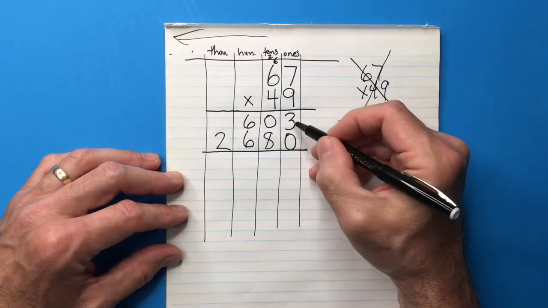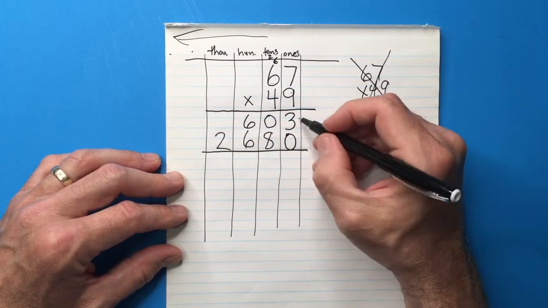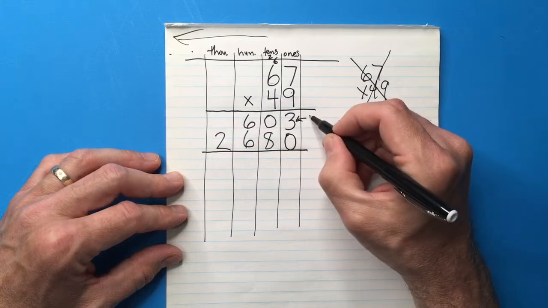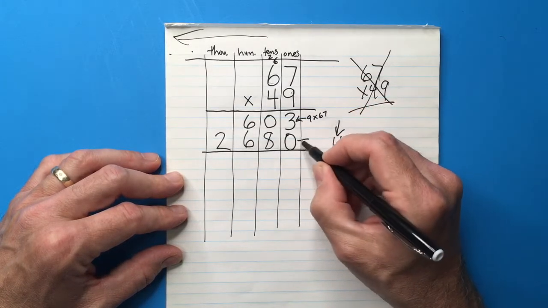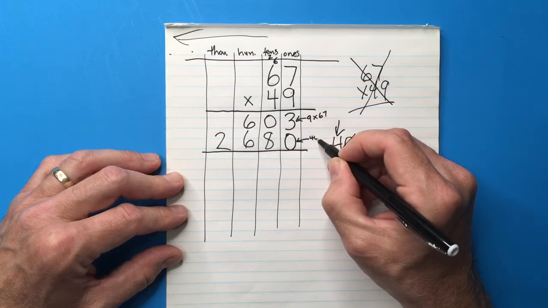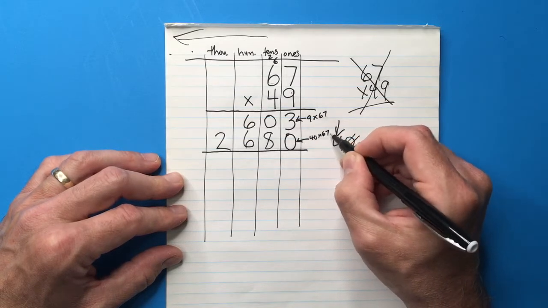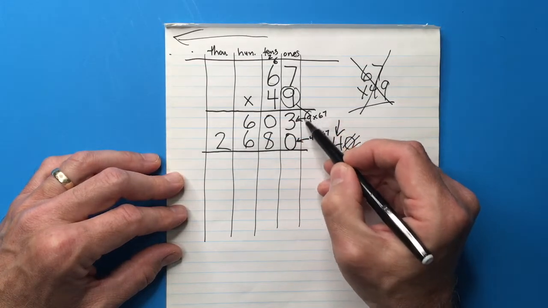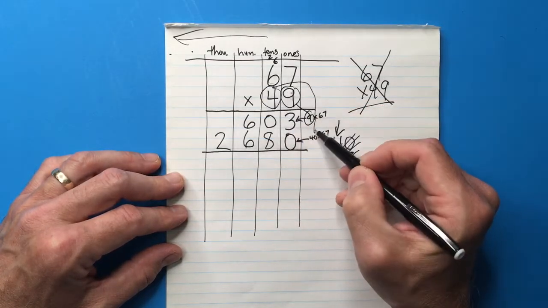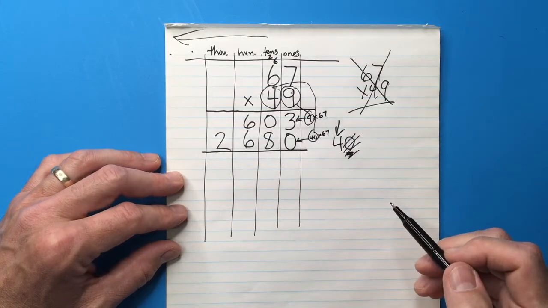So the reason why there's 2 numbers here, this is 9 times 67. And this second row, this is the 40 times 67. Okay? Because there's the 9 and there's the 4. So we kind of broke it up into 2 parts.